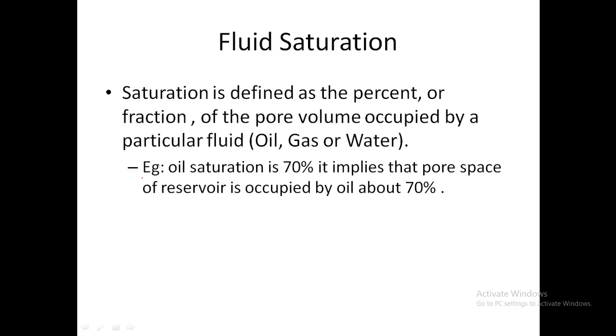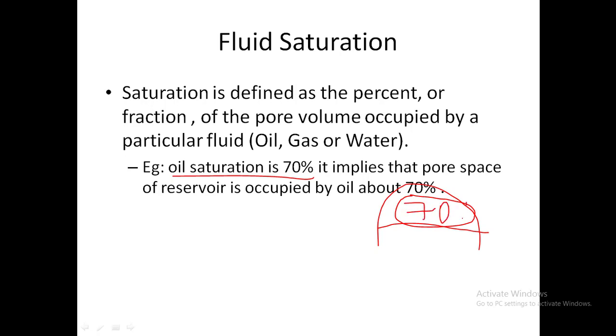Before you see the definition, let us understand how we are going to define saturation. Okay, so let us suppose this is a reservoir. Over here in the example it is written that oil saturation is 70%. So if you consider this whole reservoir, this particular area is saturated with oil, which is almost 70%.